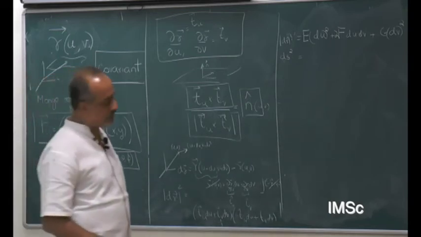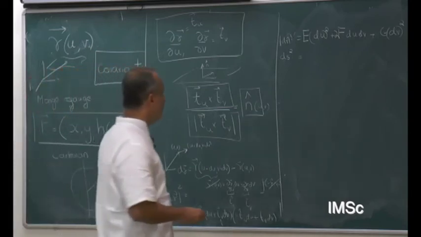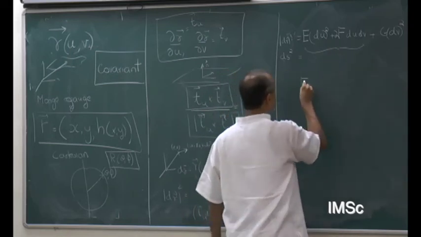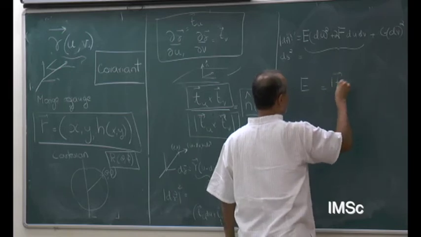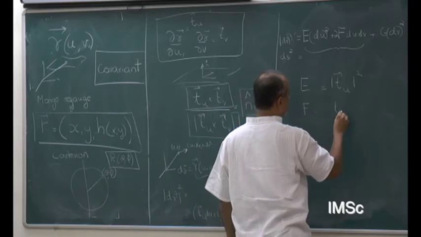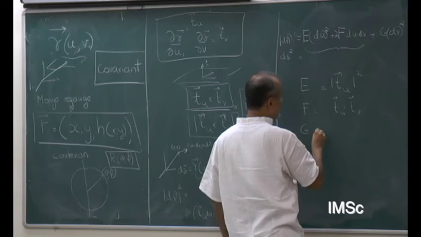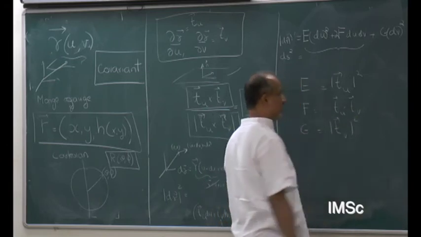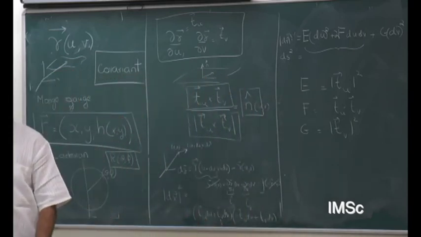Okay? And each of these terms: E is tu squared, F is tu dot tv, and G is tv squared. It's just simple algebraic calculations here.